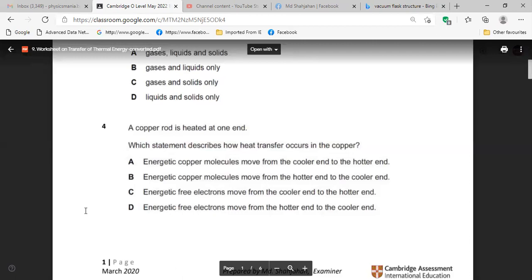C. So you are very close. Sir, it should be B. Okay, why not C? Sir, because that says cooler end to the hotter end. So it should be from hotter to cooler, right? Yes, sir. On the hotter side we have more energy.